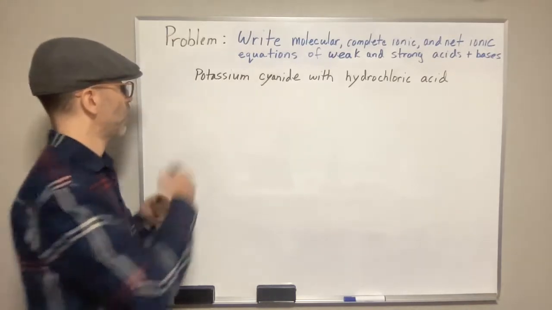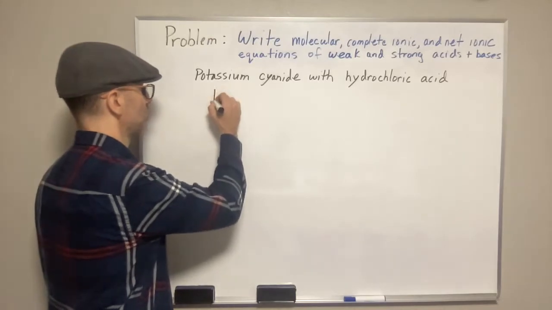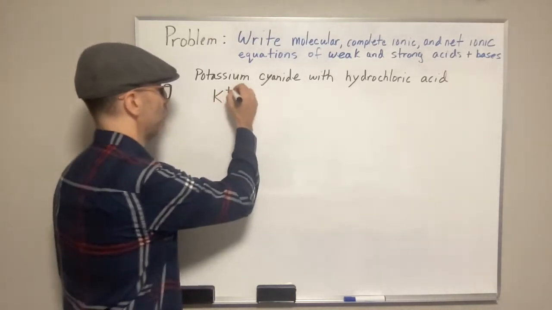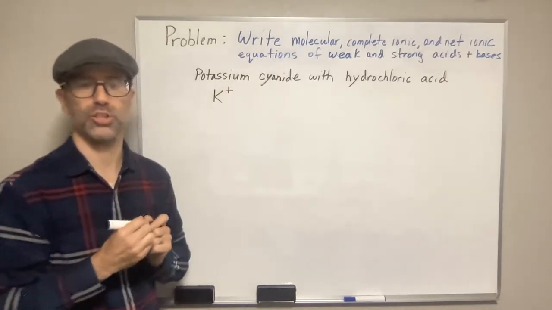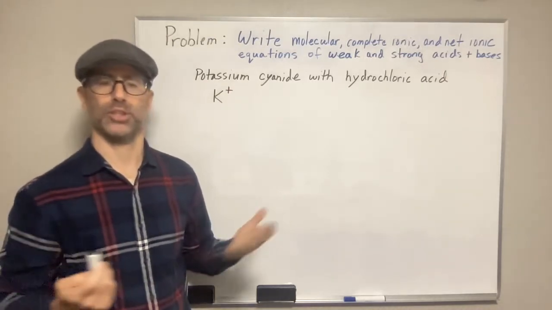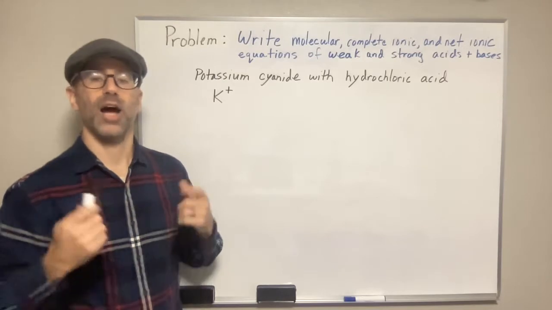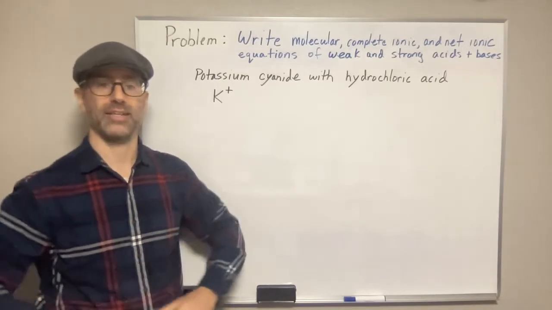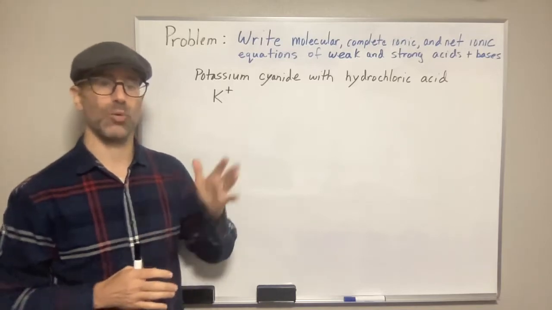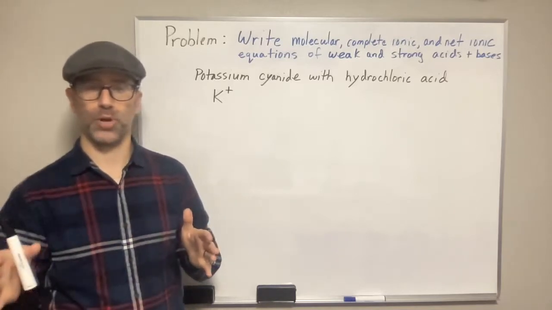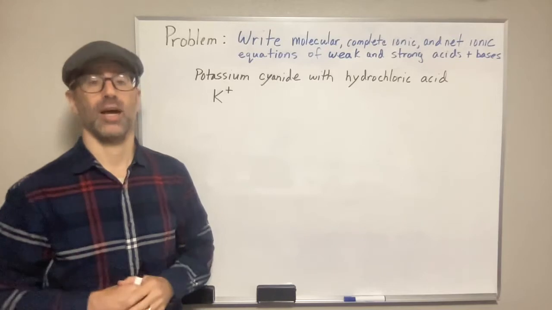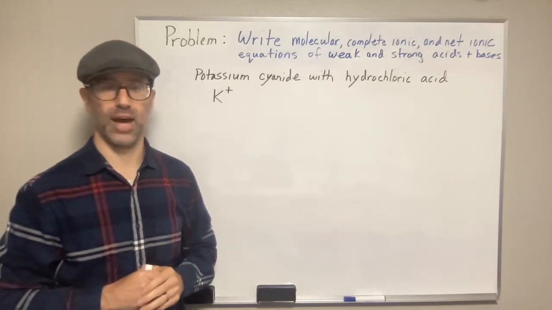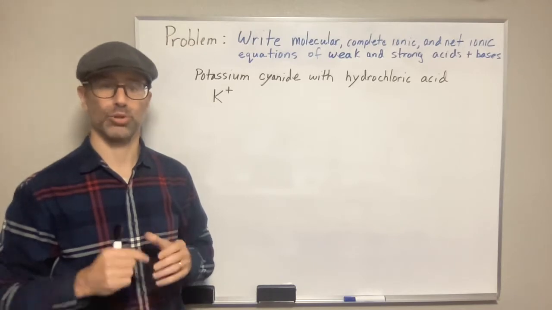We need to write the formula or the symbol. For potassium, it's a K, and we know that potassium has a +1 charge. How do we know it has a +1 charge? One way is the rule that for elements in the 1A, 2A, or 3A main groups, the positive charge of that element is equal to the group number.